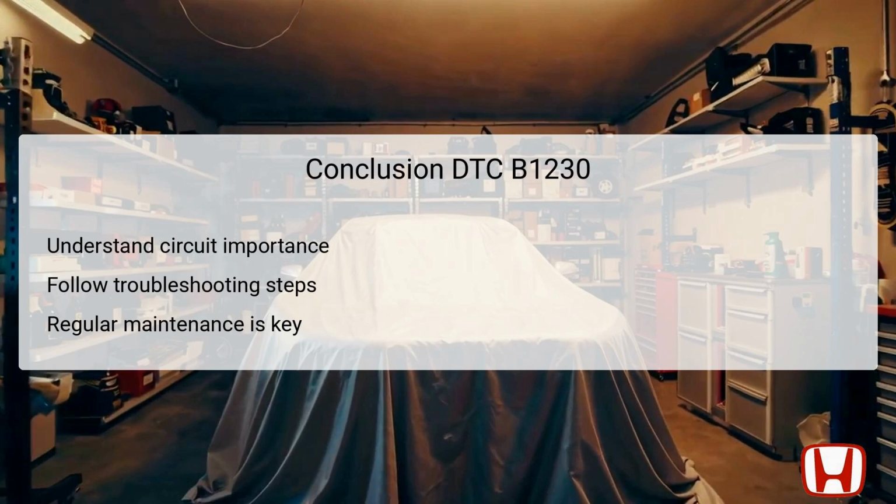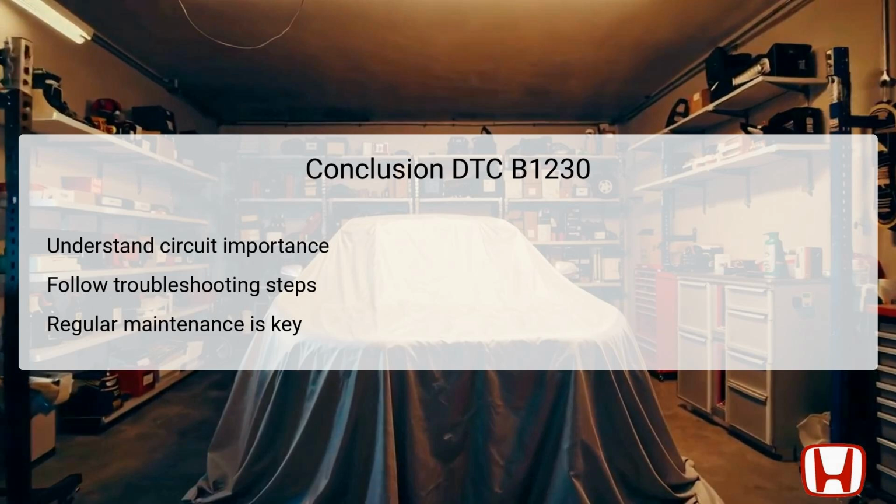In conclusion, DTC B1230 signals a short in the sunlight sensor circuit, impacting the vehicle's climate control functionality. Understanding the importance of this circuit is key to comprehending how sunlight affects interior comfort levels. By following the outlined troubleshooting steps systematically, you can identify and address the source of the malfunction effectively.